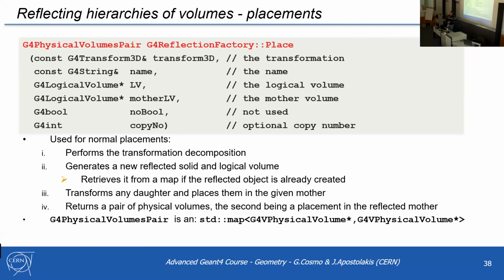And this function will, based on the logical volume that you pass to it, automatically do the reflection of all daughters of that logical volume. So if that logical volume is a subtree of volumes, it will automatically apply the reflection to all daughters of that tree, independently of whether it is a placement or a replica. So if there are replicas inside that tree, it will make the reflections of the replica automatically.